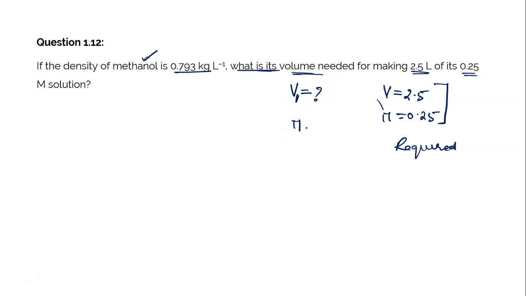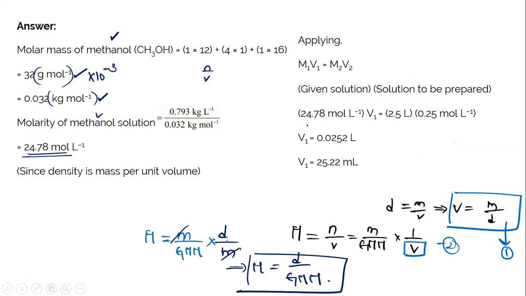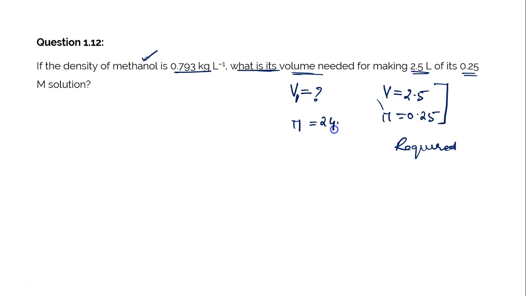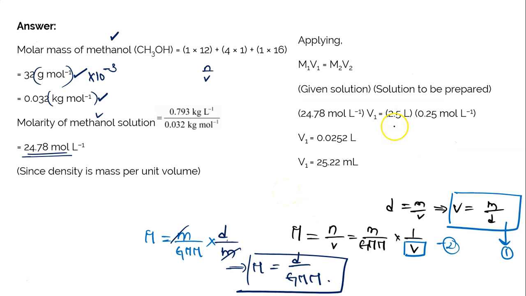And do you know the molarity of the solution? Yes, you just have calculated it. It is 24.78. I'm considering this as V1 and M1. These are the solutions that you have with you. And this is the required solution, V2 and M2. Fine. So you can use the formula M1 V1 is equal to M2 V2. One set is for the given solution, the other set is for the solution that you're trying to prepare.